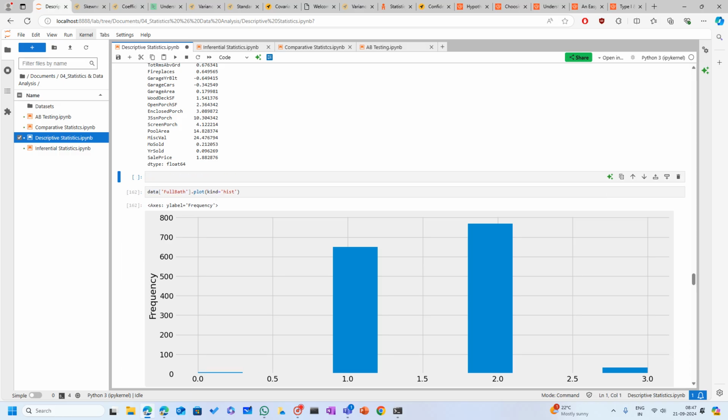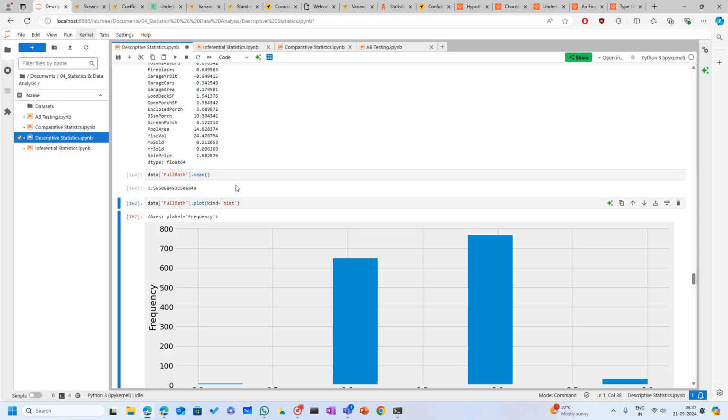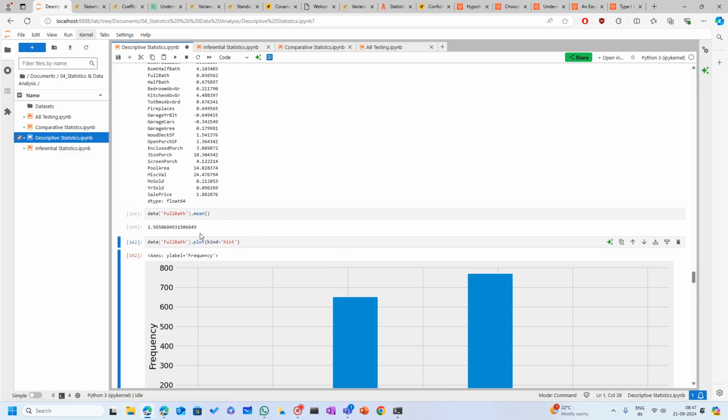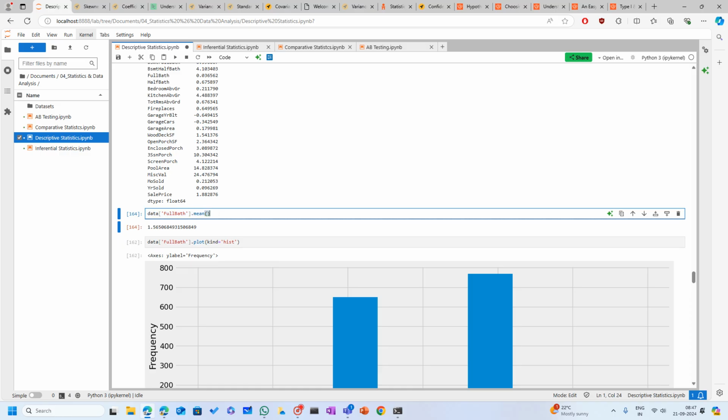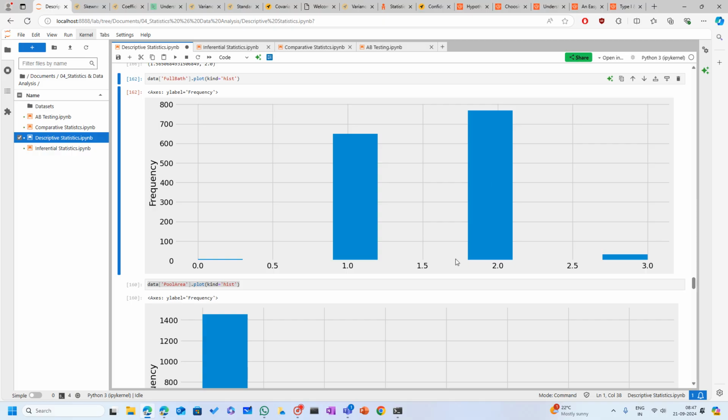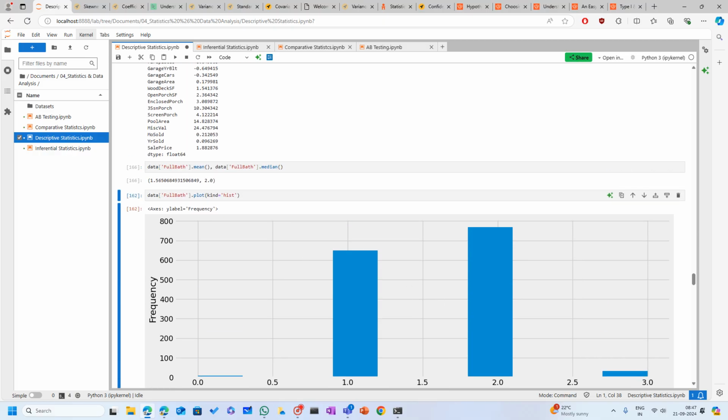if I just do a mean, median dot mean, it's 1.566. Where is 1.5? Here, it is in the center. Mean is here. Likewise if I do median, that is at 2. Median is at 2. Mean is here, median is here, almost close to center.